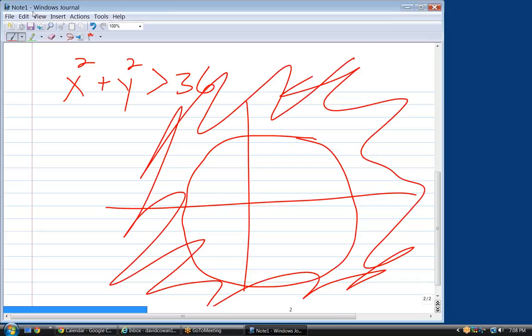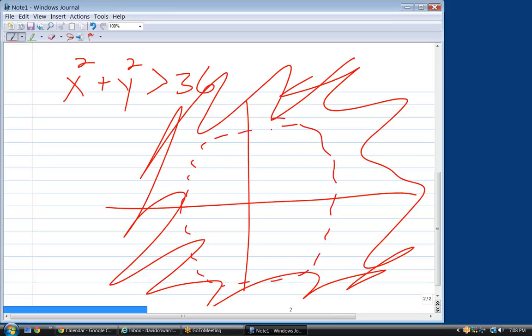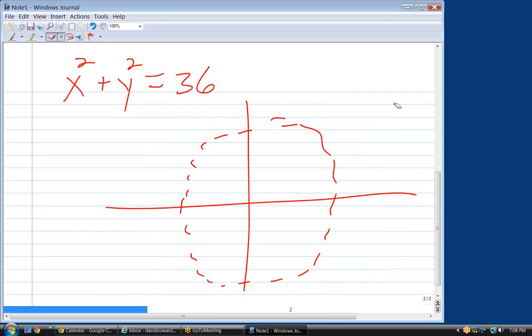And it's a dotted line, not a solid. Everywhere outside that line. When you have the equation of a circle, what that means is you are on the circumference.